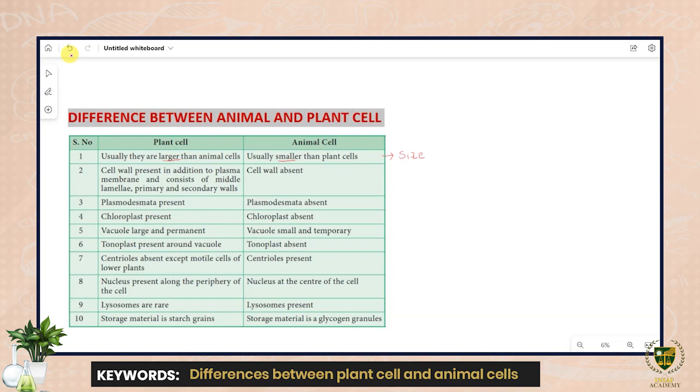The next difference is the cell wall. That is an important difference. Clear? Second heading is of cell wall.